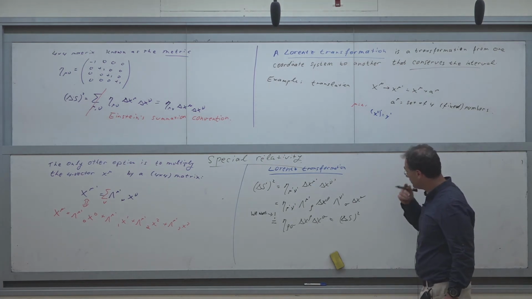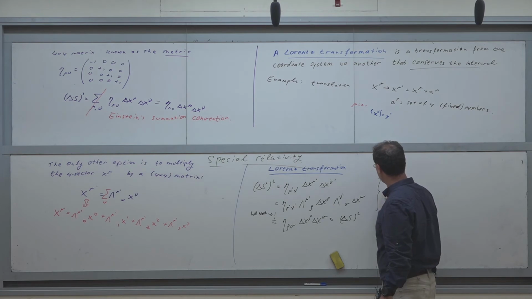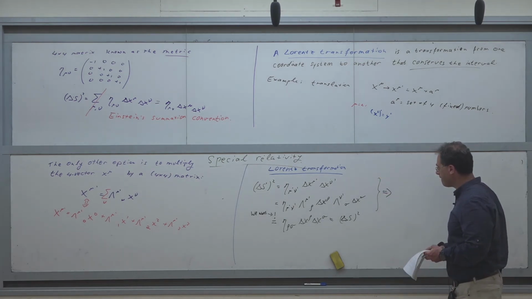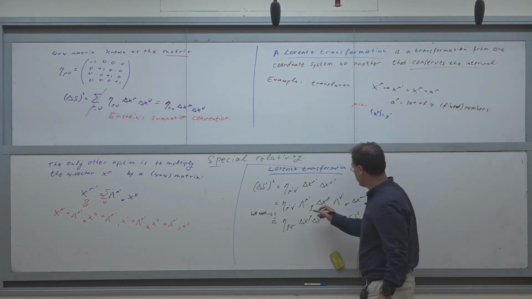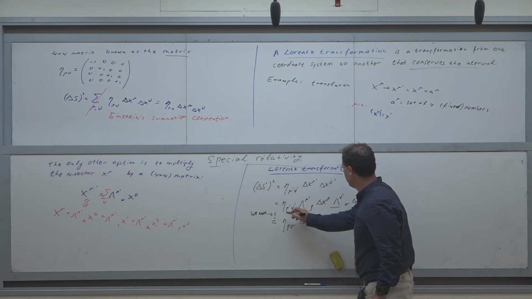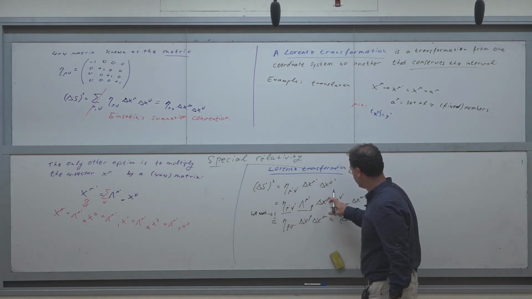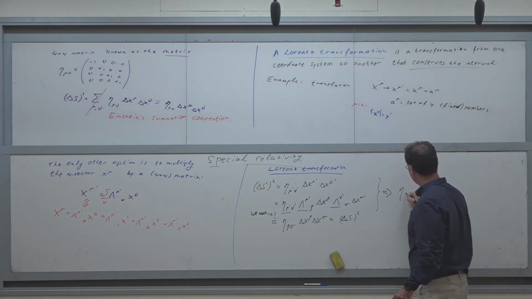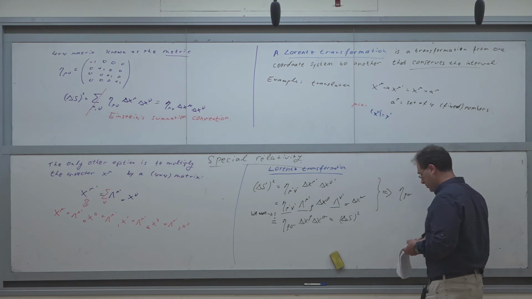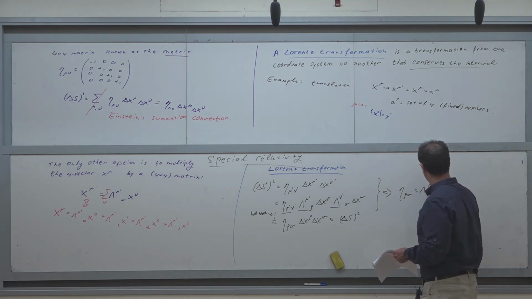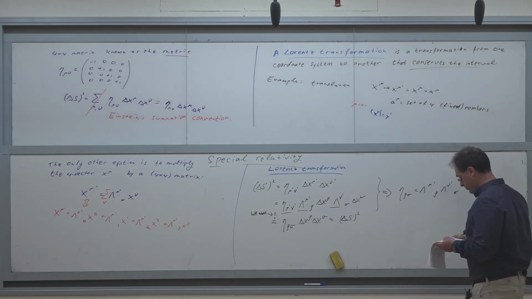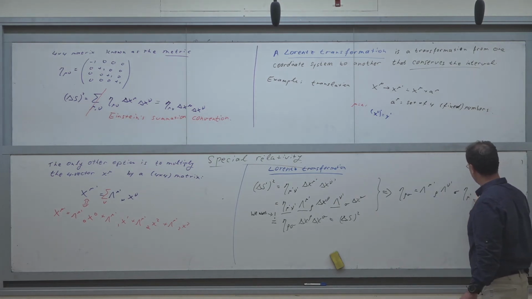So overall, here we get the conditions for conservation of the interval. Since we have delta x rho and delta x sigma, what we want is that eta rho sigma is equal to lambda mu prime rho lambda nu prime sigma and then eta mu prime nu prime.